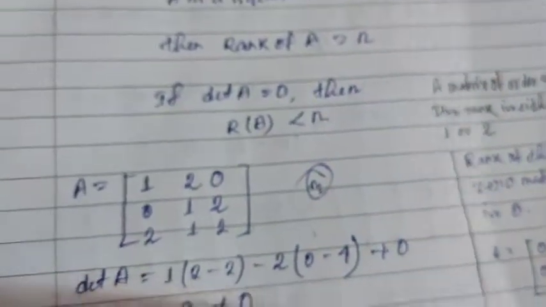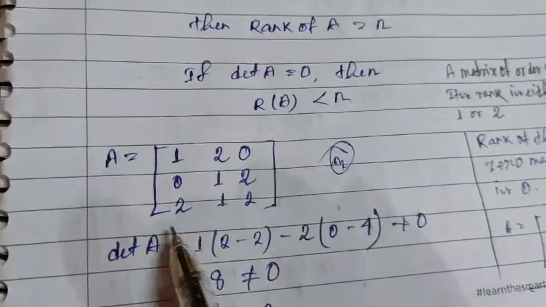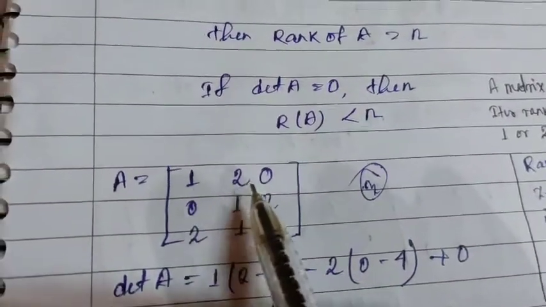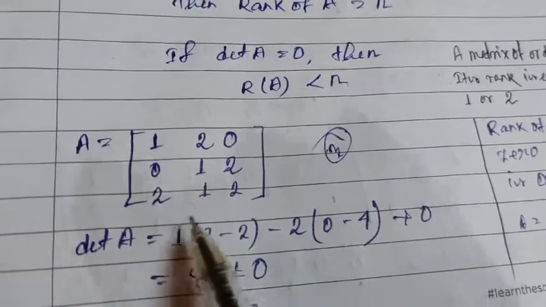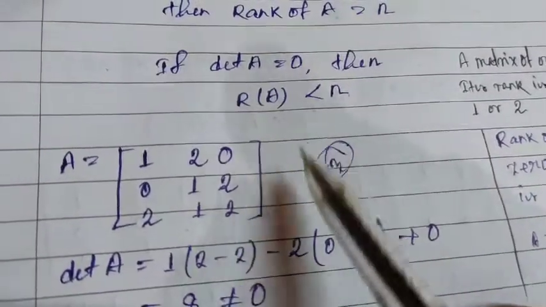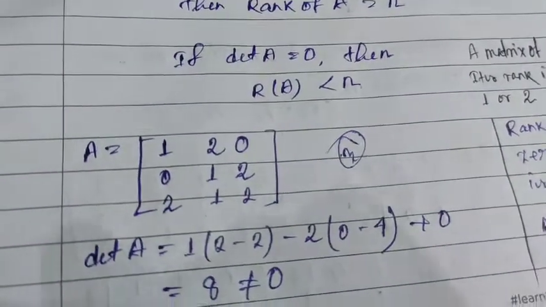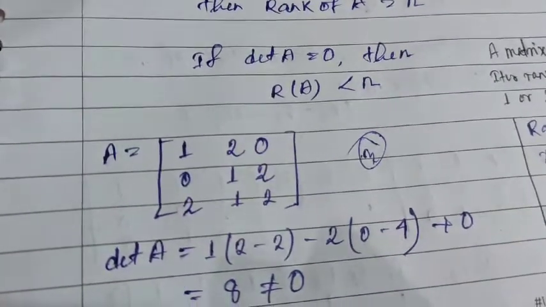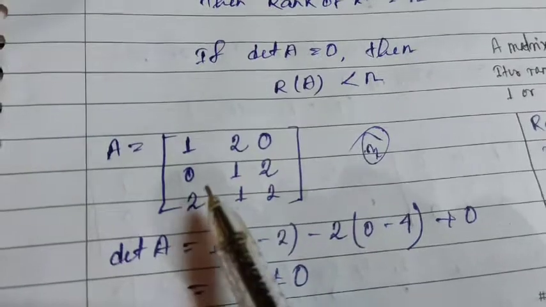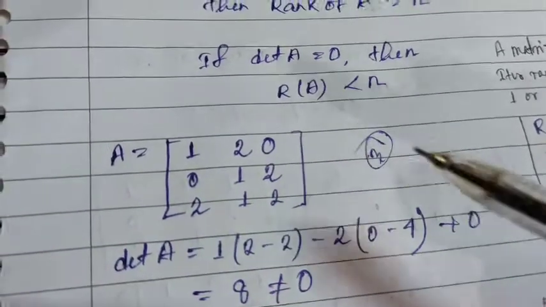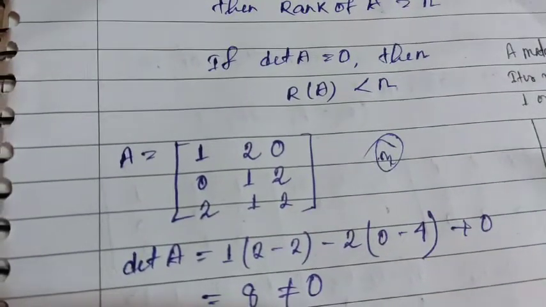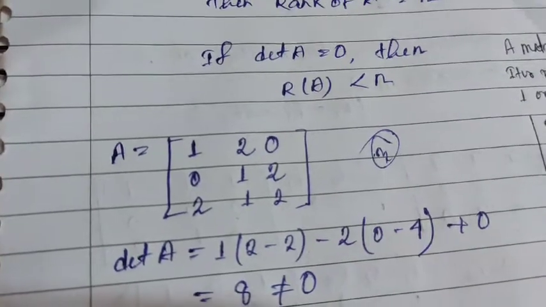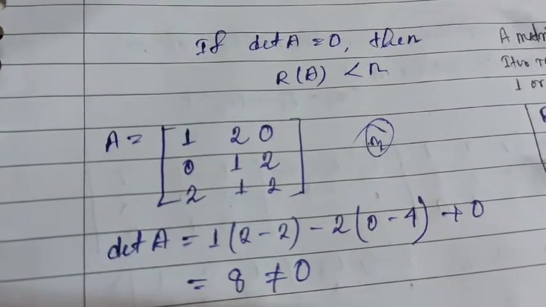So now here we consider one matrix, A is equal to [1 2 0; 0 1 2; 2 1 2]. See here the matrix is of order 3. Now we can expand it along the first row. I think all of you know how to expand the determinant.